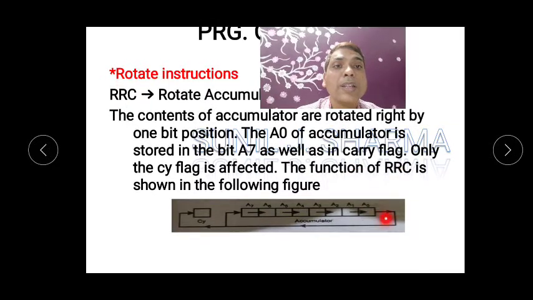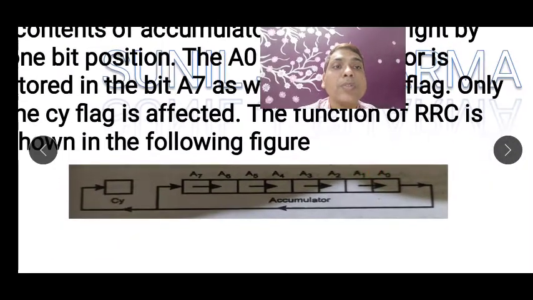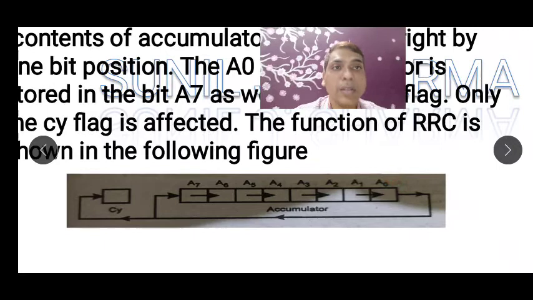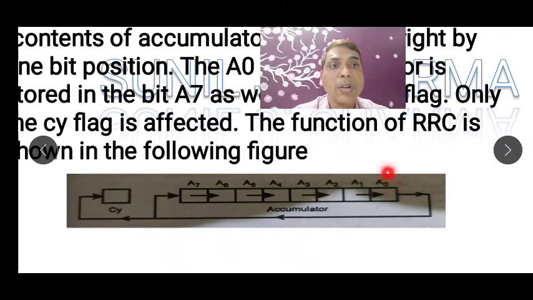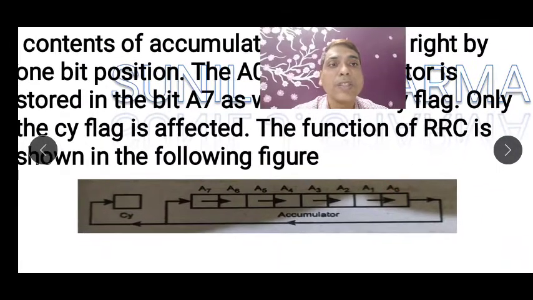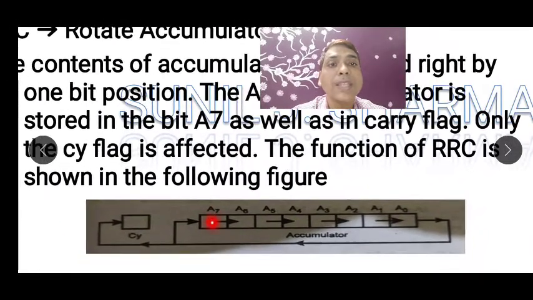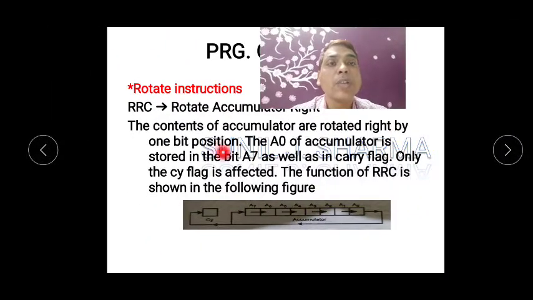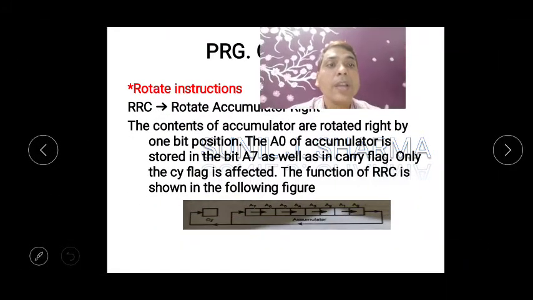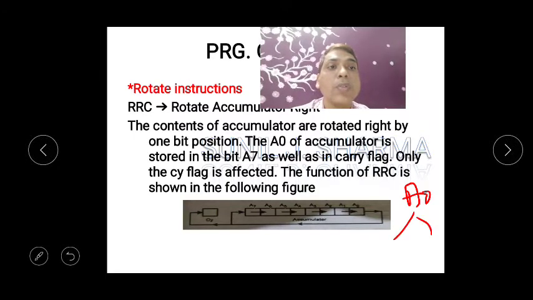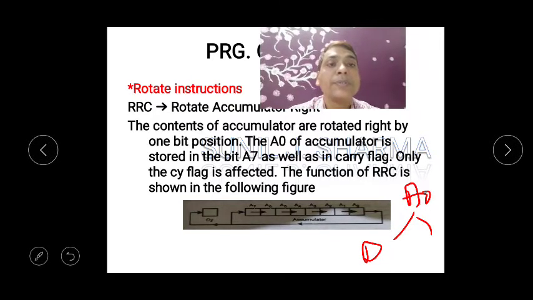The function of RRC is shown here. Whatever the least significant bit, we call it D0 or A0, that will be given at 2 places. It is given to A7 as well as to carry.